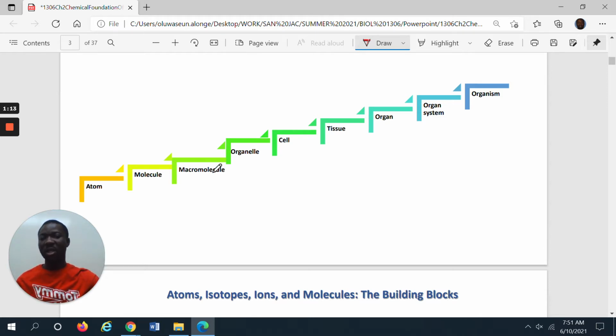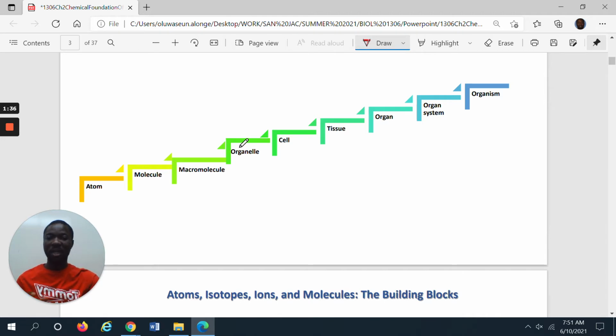Those are molecules. Then macromolecules are formed from the elements, right? Now, macromolecules range from your protein. Macro means it is big. So it ranges from your protein, your lipids, your carbohydrate, and nucleic acid, RNA and DNA, right? Those are macromolecules.